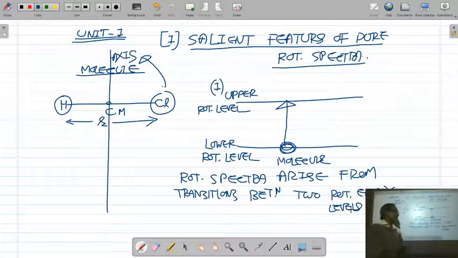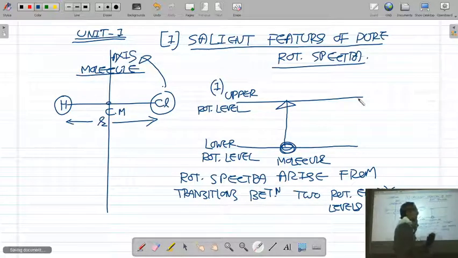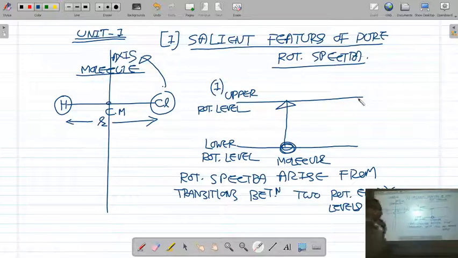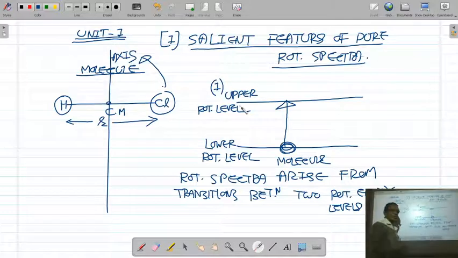When the molecule makes a transition from one rotational energy level to the other rotational energy level, it will give the rotational spectra. That is, rotational spectra is obtained from transitions of the molecule between two rotational energy levels, between the lower rotational energy level and the upper energy level.